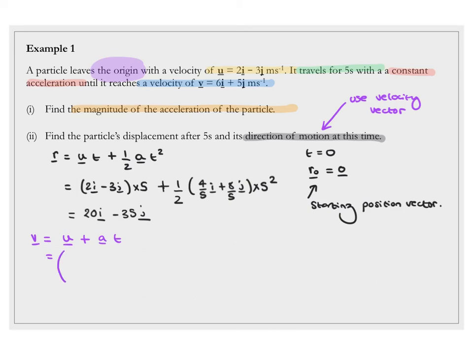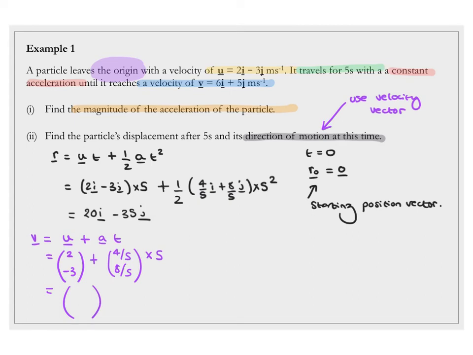I'm going to use column vectors. Remember, the initial velocity is 2i minus 3j. I can write that as 2, minus 3, plus the acceleration vector, which is 4/5, 8/5, multiplied by the time, which is 5. And then we just collect the i components and then the j components separately, but in column format.